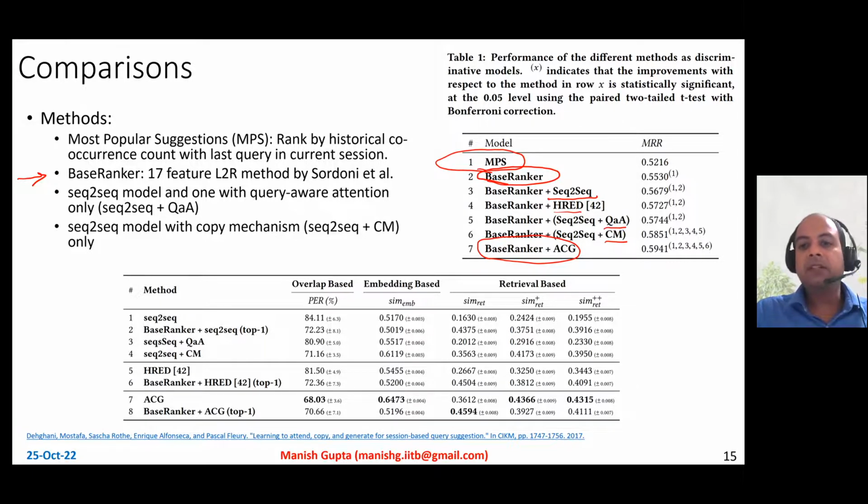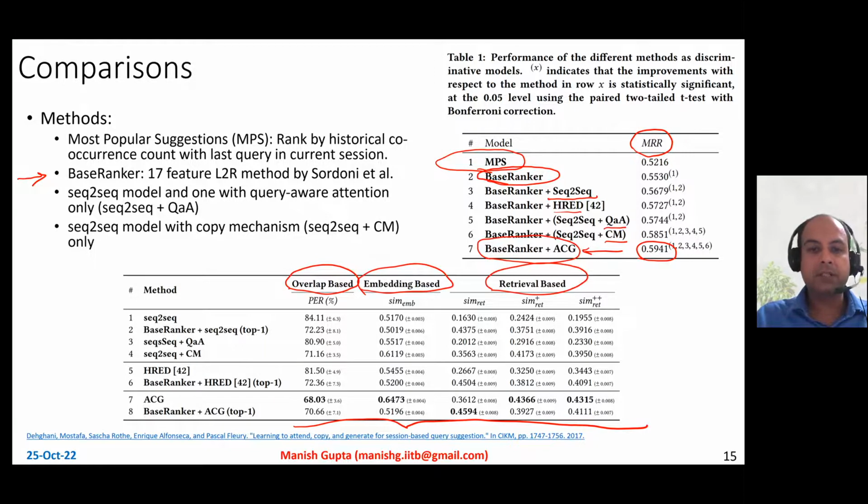And then they observed that their method, which basically uses the 17 baseline ranker features plus the attend copy generator method, meaning sequence learning, attention, query level attention, and also the copy mechanism, right? That one gives them the best results, gives the best MRR. So not just gives the best discriminative results, but also it leads to the best generative results when you compare across different methods, overlap-based method, embedding-based method, or even retrieval-based method.